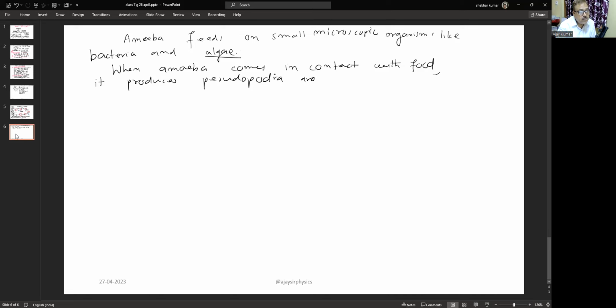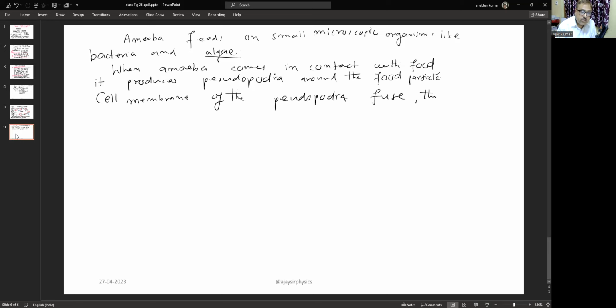The cell membrane of the pseudopodia fuse, मिल जाता है, and the food gets trapped, फंस जाता है, in a food vacuole.